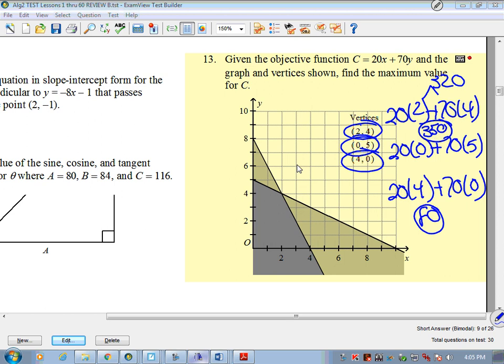So we should get 0, 5, I believe, is our answer to this. Let's see if I'm looking. Let me find this. On question number 13. Find the maximum value for C. Given the objective function.